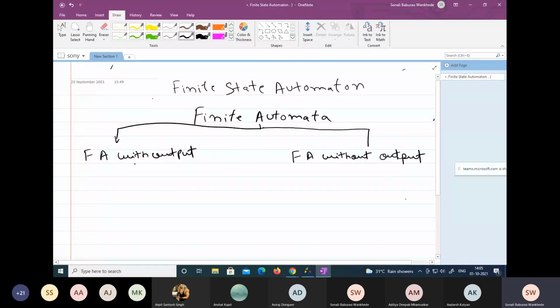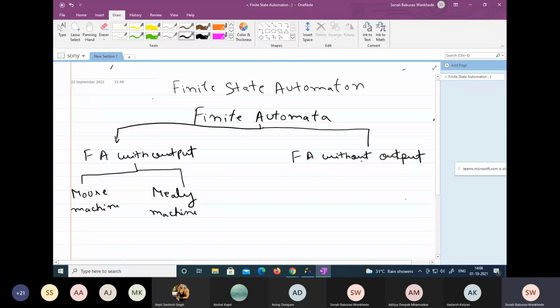Now, with output, there are two types: the Moore machine and the Mealy machine. Those are the types of finite automata with output.